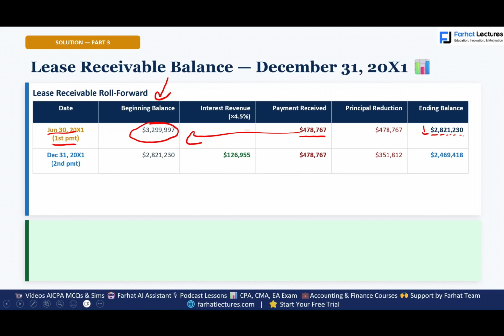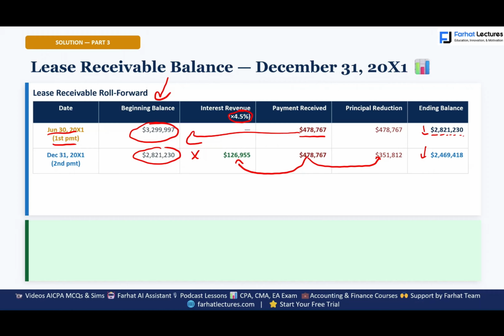Now we have to take this beginning balance as of June 30th and figure out the interest revenue from June 30th till December 31st. So we take this beginning balance multiplied by 4.5%, and this is the interest revenue. Now this is the total payment. This payment will be split between interest revenue, and the remainder, $351,812, will be against the principal amount, and the balance is reduced to $2,469,418.